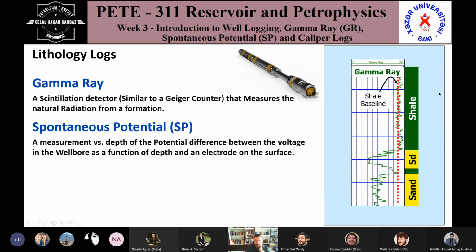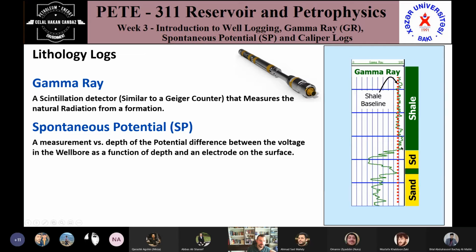So, for example, you see a gamma ray log here. This is what happens. It describes the sand parts, as you can see. Your gamma ray log reflections change directly, right? When it's close to 100, you say 90 to 100, 95, 96, you say that this is shale formation. 98, you say that this is shale formation.